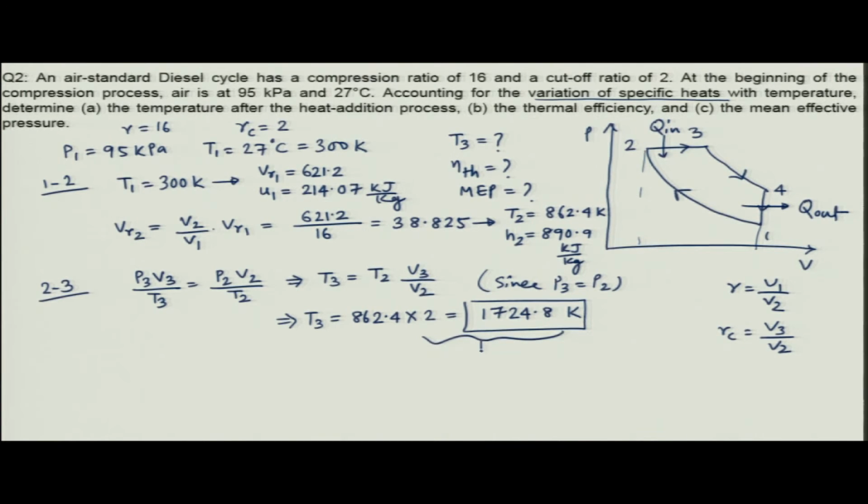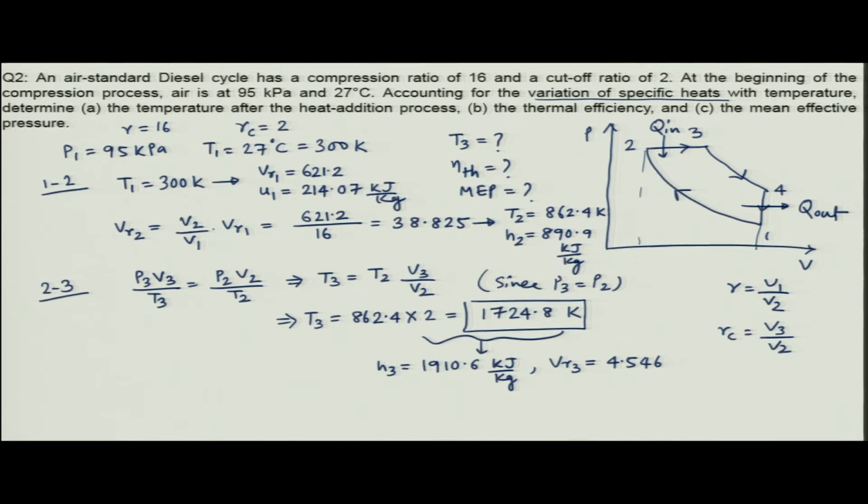Corresponding to this T3, H3, again from the table, is 1910.6 kilojoule per kg, and VR3 is 4.546. Okay. So, these are the numbers.